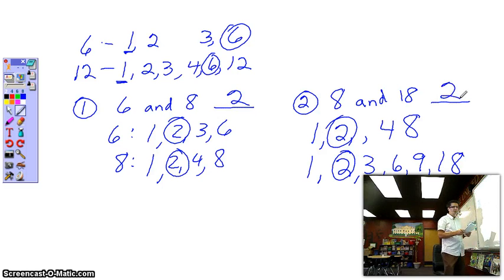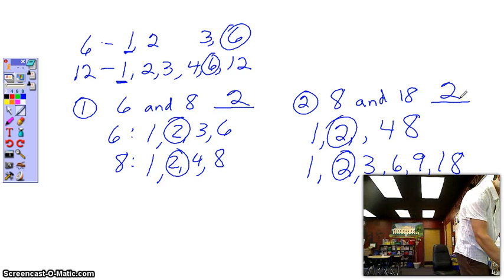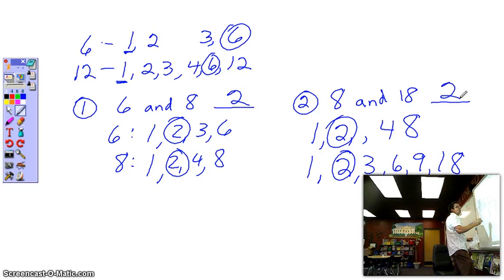For number 3, let me grab the textbook. It's not filled in. The problem that we want to do for number 3 is 12 and 9. So go ahead and try that on your own. Pause the video, and then you can start it up again as soon as you've got the answer.